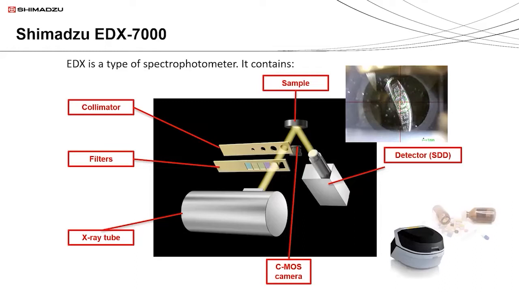So for example, if you have an inhomogeneous sample and you want to analyze a particular area on it, you can use the collimator to choke down the X-ray beam on that particular area. A CMOS camera is used to take pictures as well as align the X-ray exposure area to a particular part on the sample, as well as an energy discriminating X-ray detector that we call a silicon drift detector. What really sets us apart is the filters.